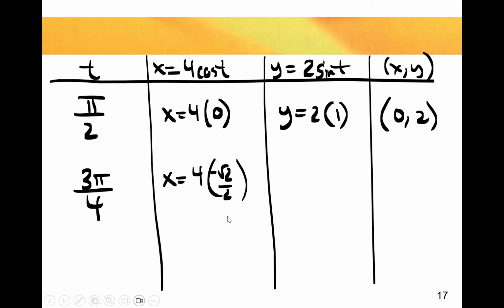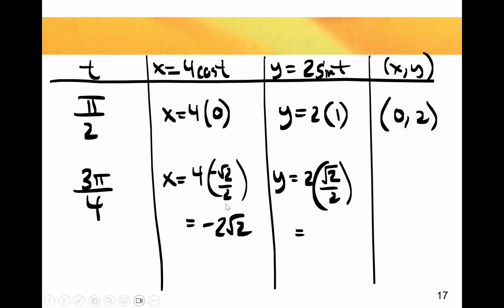And did you get an approximation for it? Perfect. Okay, maybe a little bit too high. It should be 4 times √2 over 2, so it's going to be the negative of 2√2. Yeah, -2.8.